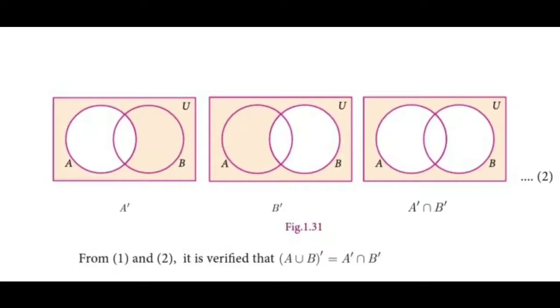Then right hand side, A' ∩ B'. First we find A' and B', then the common part of A' and B'. Here A' is shading U except A, as shown in the figure, and also B' is shading the universal set except B. Then the third one, the common part of A' and B', therefore A' ∩ B' is shading the universal set except A and B. That is equation number 2.